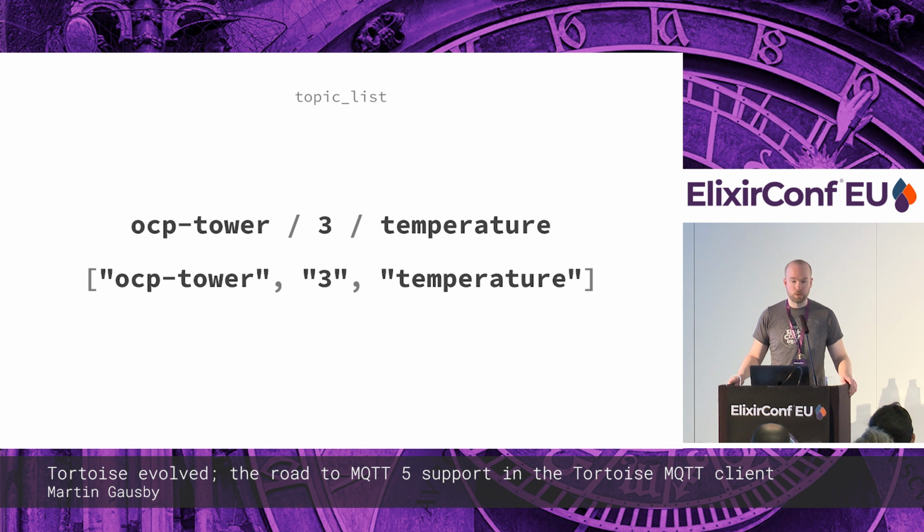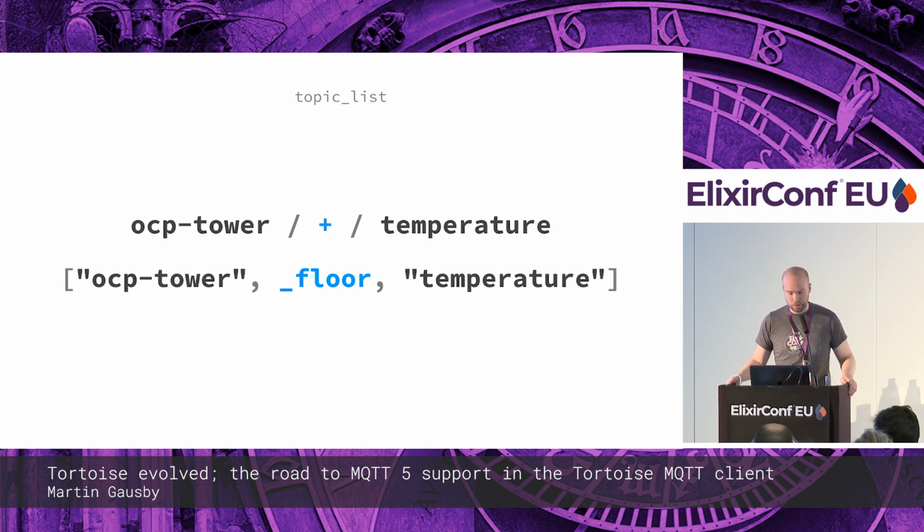So I've decided to make it into a list of binaries, because as we see at the top, this is the MQTT topic. A good data structure we can pattern match on. So this maps pretty well to MQTT semantics.